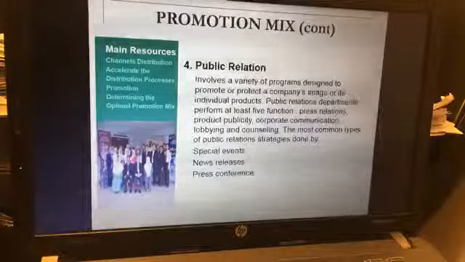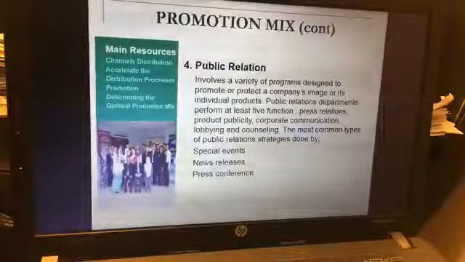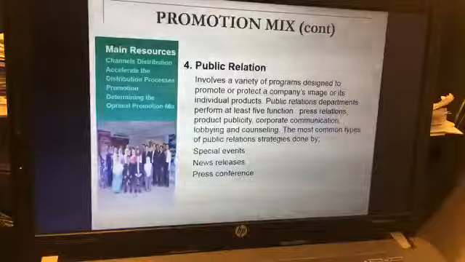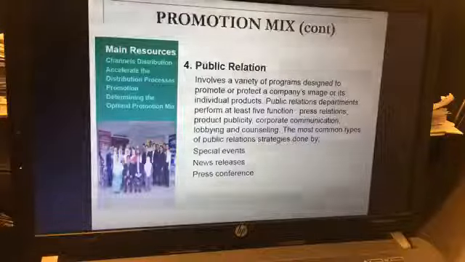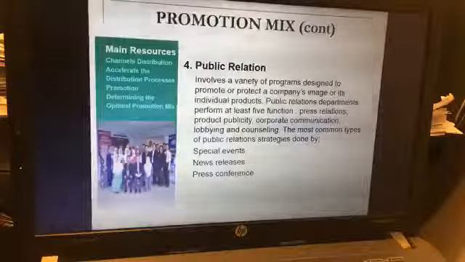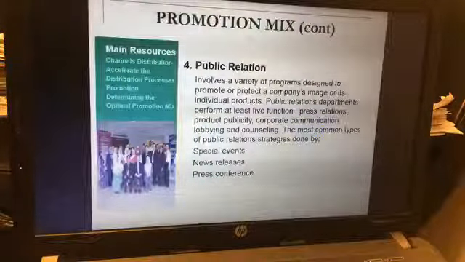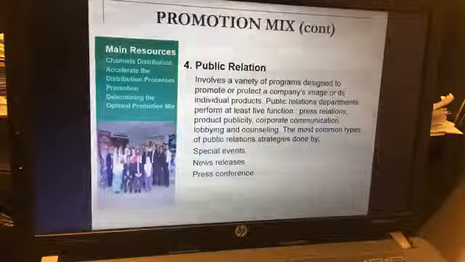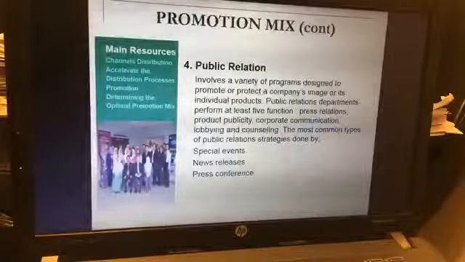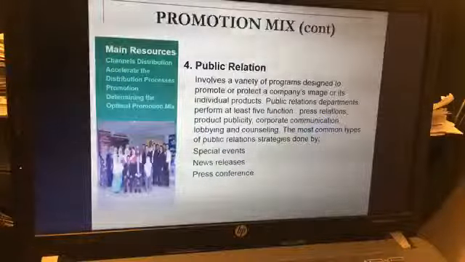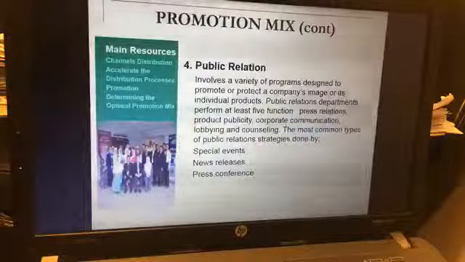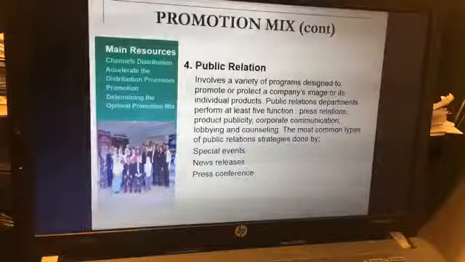And number 4 is public relations. We have mentioned before, you get well known by establishing networking with reporters from newspapers, radio, and television, and you want news about your company, about your special events, news releases, and press conferences, to be captured by the mass media.